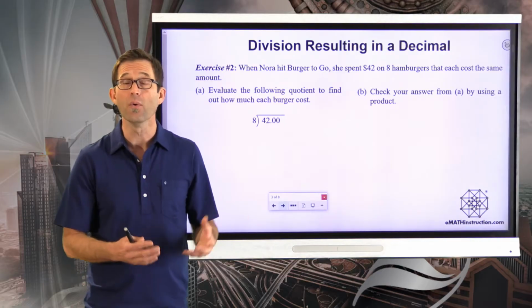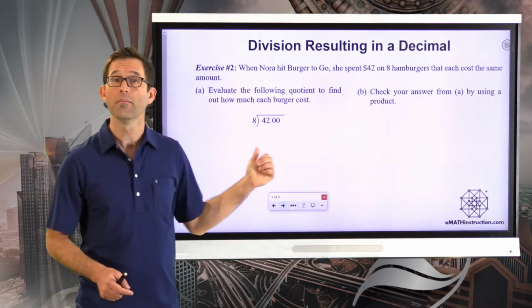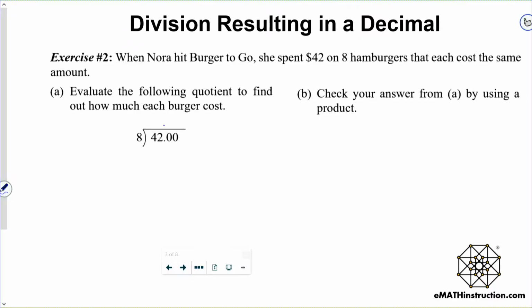So anyway, let's review how to divide 42.000000 by 8. One thing that's nice about this is we just move the decimal point up to the top of the division, and we ask, how many times does 8 go into 42? Well, 8 goes into 42 5 times, right? That leaves us with 40. We do the subtraction, bring the 2 down, and now we drop this 0. 8 goes into 20 2 times.